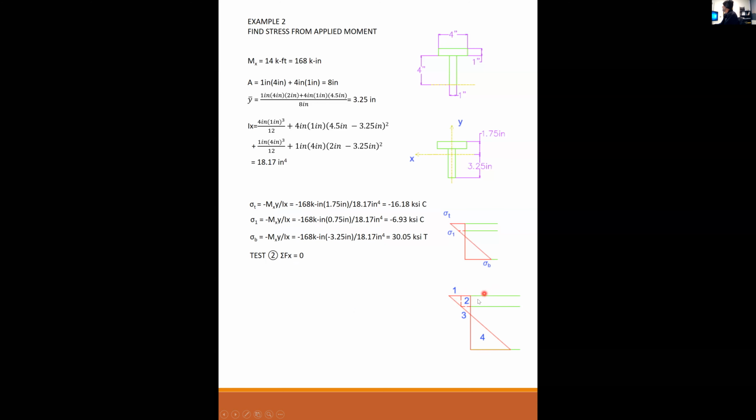Why do I need 3 pieces for the compression? Isn't this just one big triangle? Why can't I just use one big triangle? They have different stress in each. The top and the bottom is different. You're on the right track, but it's not the stress that's different.